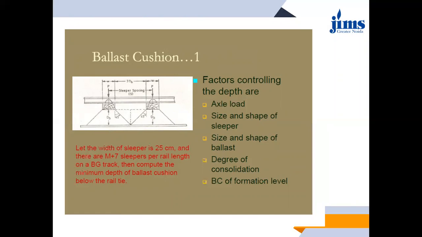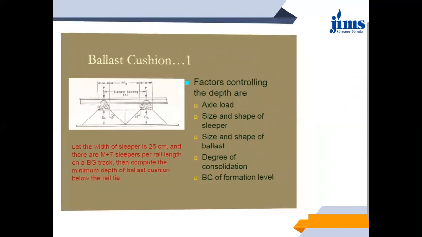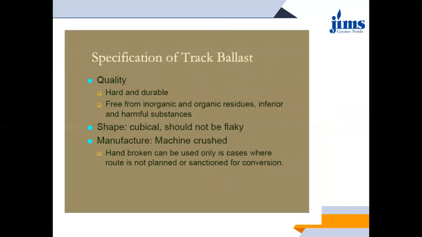Then the degree of consolidation, up to what degree it will be compacted and consolidated, governs the depth. Then also the formation level. How does the formation level matter? If your formation level is low, you have to provide more ballast cushion. If the formation level is high, you have to provide less ballast cushion.